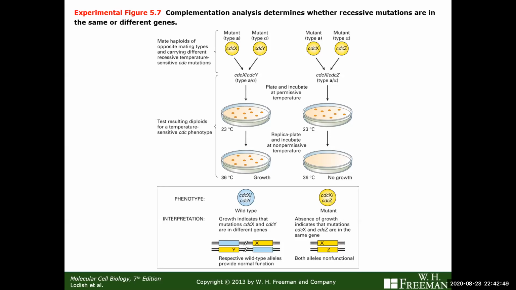So they could not complement. When two mutants cannot complement, be very careful here, it's tricky. When two mutants or three mutants or four mutants or a group of mutants cannot complement each other for a particular phenotype, they are said to belong to the same complementation group.